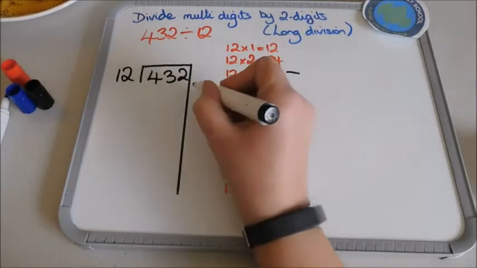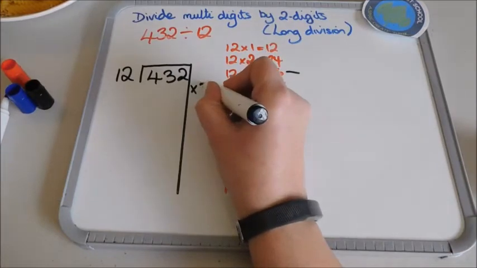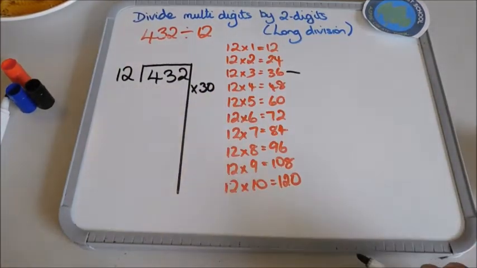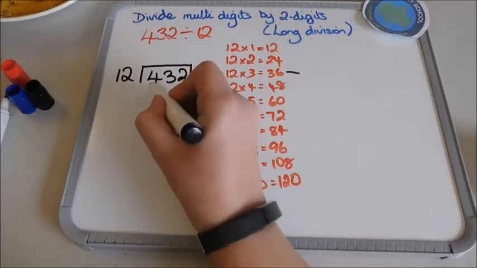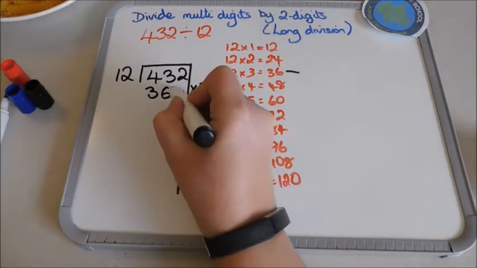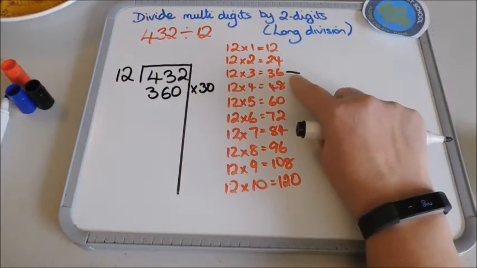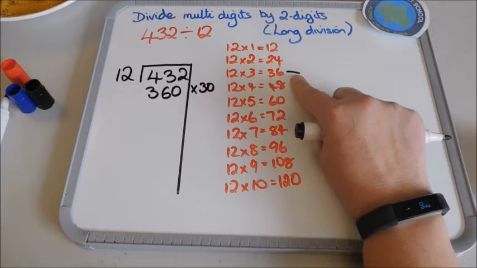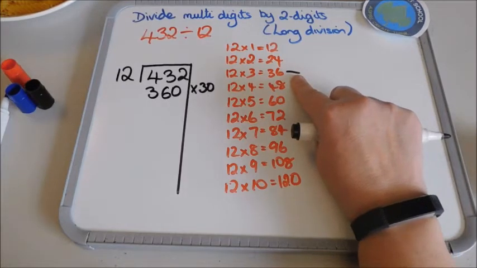So 30 lots of 12 would be 10 times bigger. So that would be 360. So 3 times 12 is 36, 30 times 12 is 360.